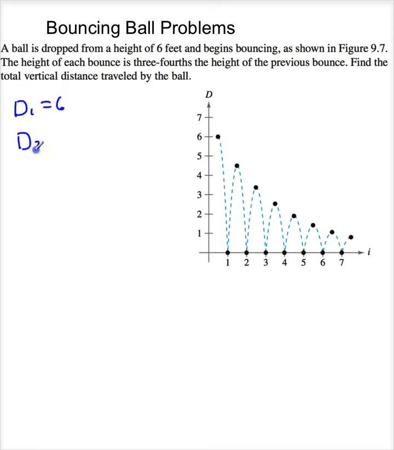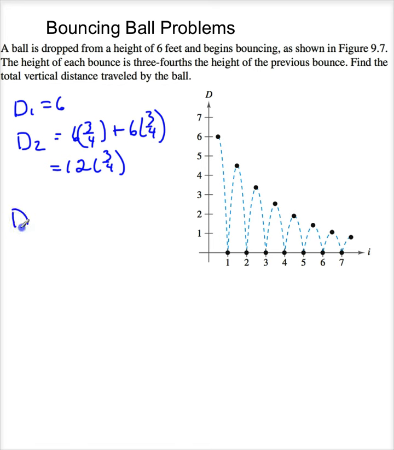What is D2? We're going to go up this amount, and then we're going to go down this amount. So this is the second distance. This is 12 times 3/4.